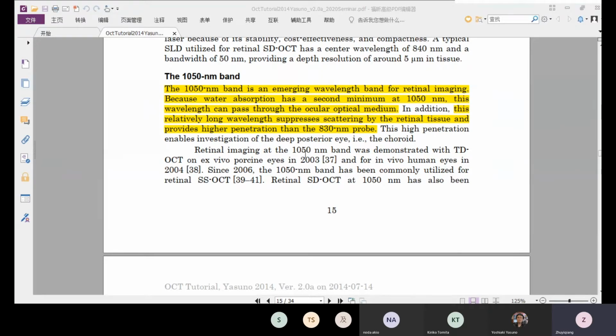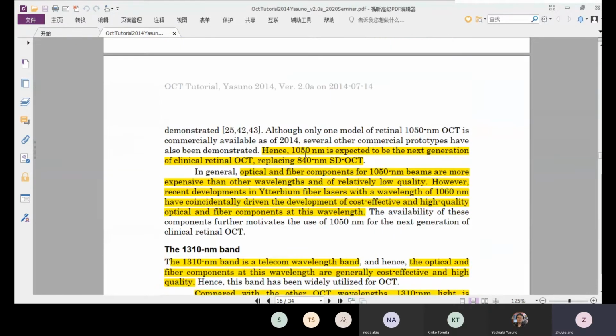However, the disadvantage is that the components in the 1050 nanometer band are very expensive and relatively low quality.